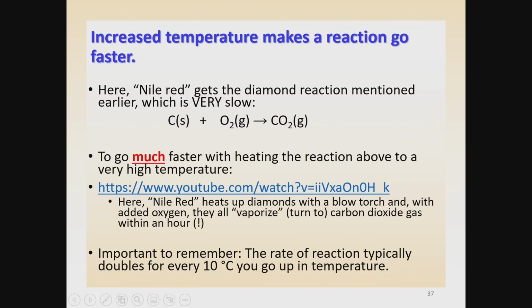So very importantly, there's a fact that I want you to remember, which could be helpful for you to apply in the future. So I have that here in important to remember. The rate of a reaction typically doubles for every 10 degrees Celsius you go up in temperature. So an example of this is, let's say you have some dirt on some white t-shirts and you want to get rid of it. You decide you're going to wash these white t-shirts with some bleach.